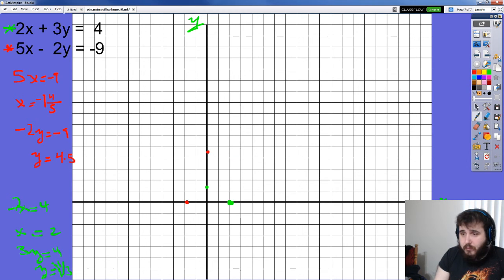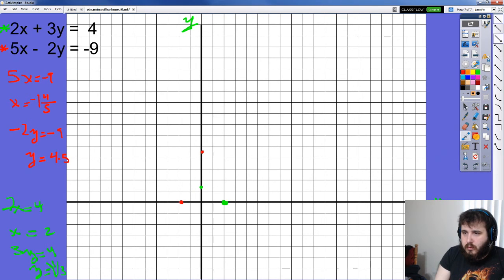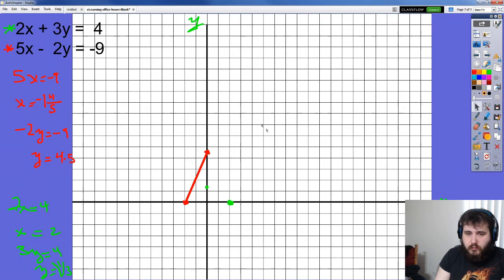And what you're going to see is that, if this were my classroom, when I'm telling my students to do this, I tell them to make the lines as long as possible.